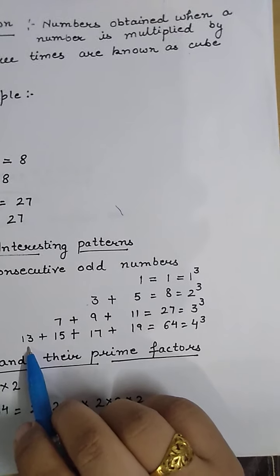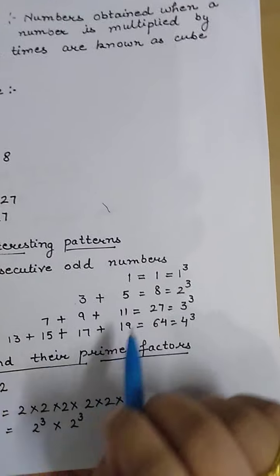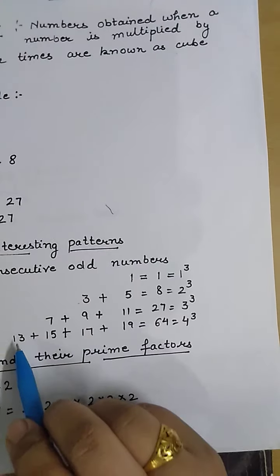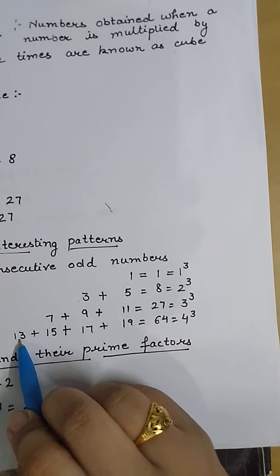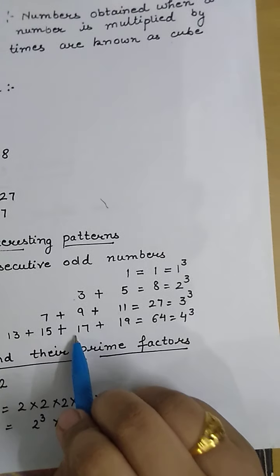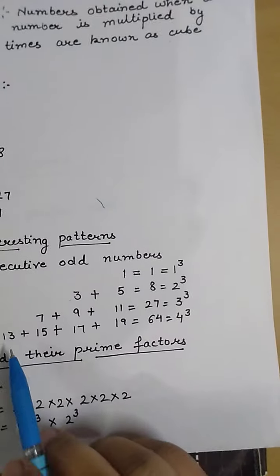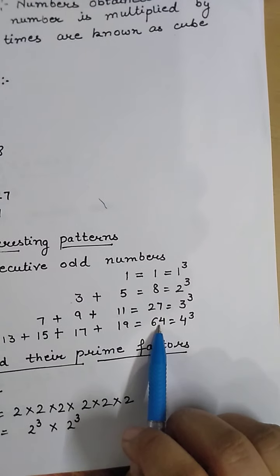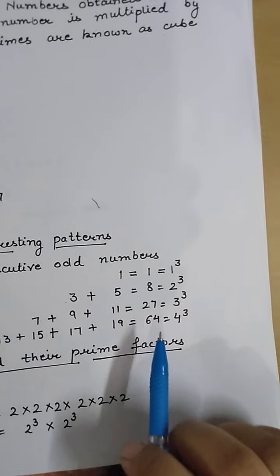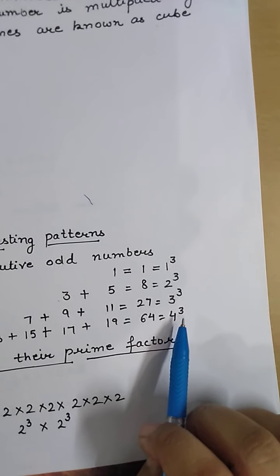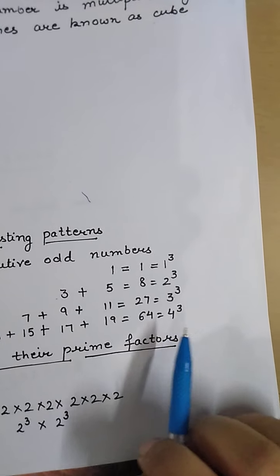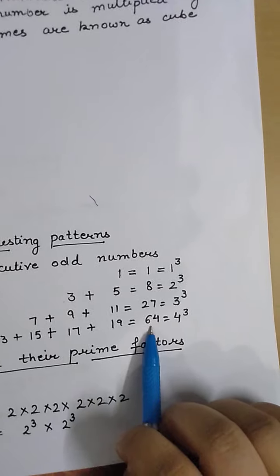One more interesting pattern is here. See here, what comes after 11? The next consecutive odd number 13. The next is 15, the next is 17, and the next is 19. If we add them, what will I get? 64. If I find the cube of 4, that means 4 into 4 into 4, that is 64.